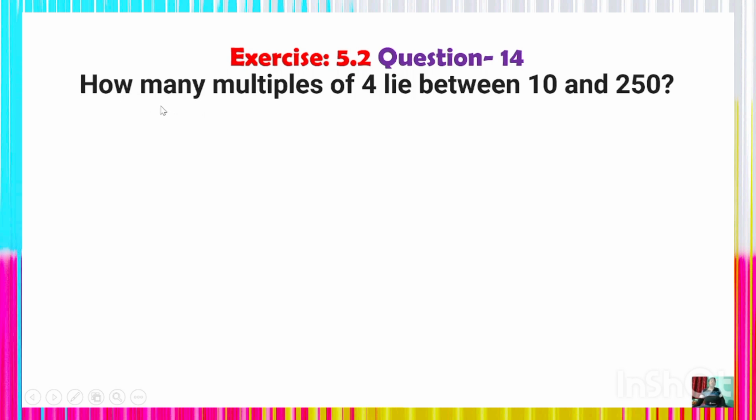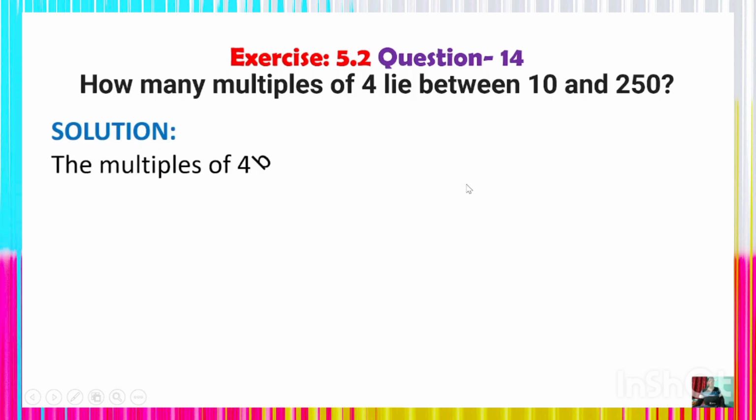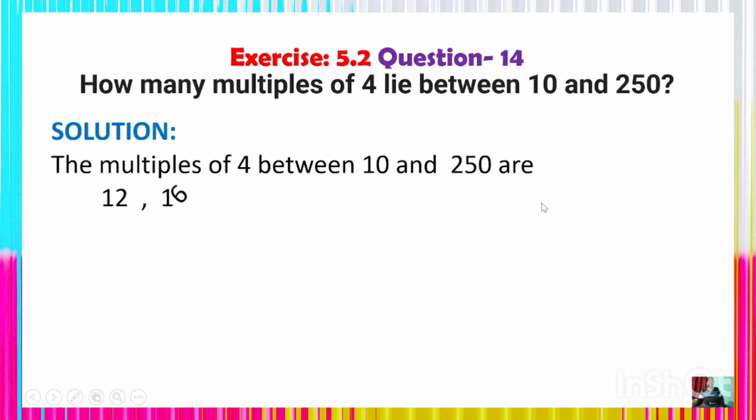Look carefully: how many multiples of 4 lie between 10 and 250? Look at the solution here. The multiples of 4 between 10 and 250 are 12, 16, 20, 24 up to 248. Here the first multiple is 12 and the last multiple is 248.